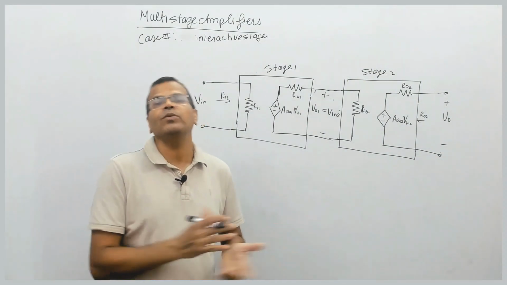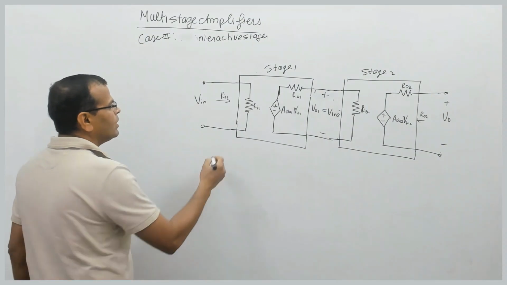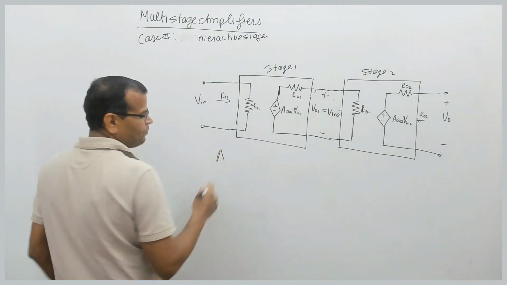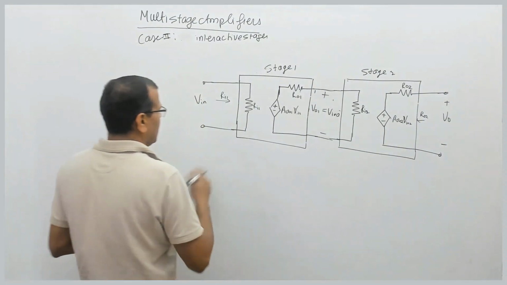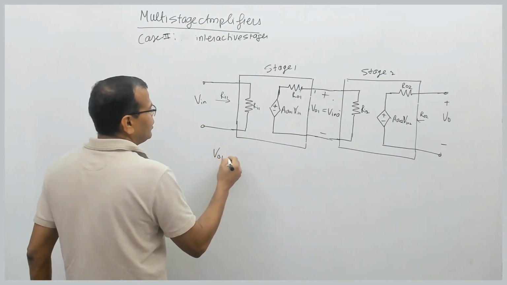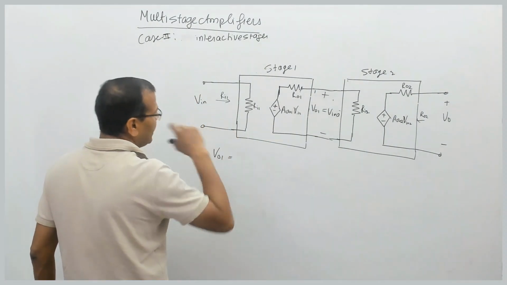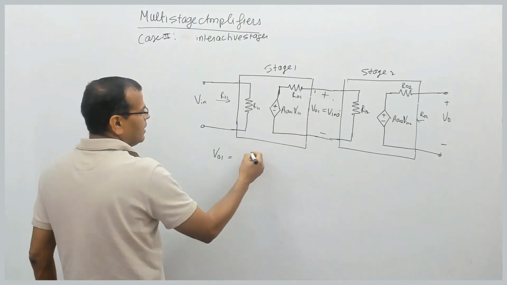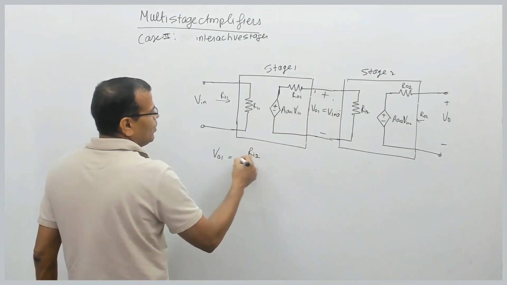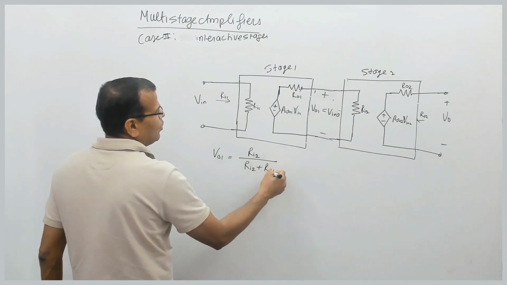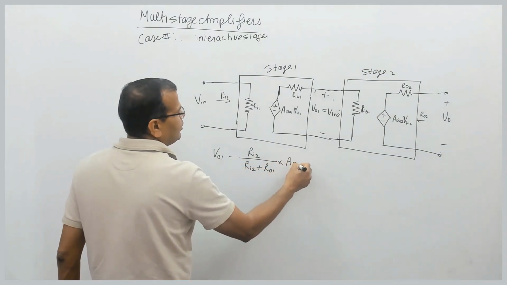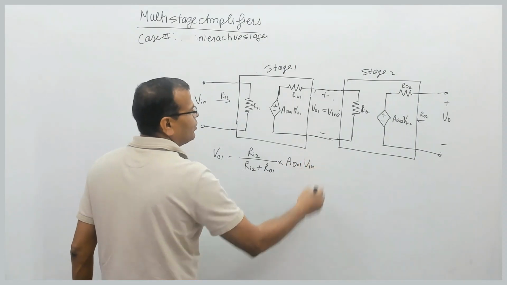That's what I'm trying to say. Now, what is the output of the first stage? Let us see that. The output of the first stage V01 is equal to what? I have just shown you that. That is Ri2 divided by Ri2 plus R01 multiplied by AV01 into V input.